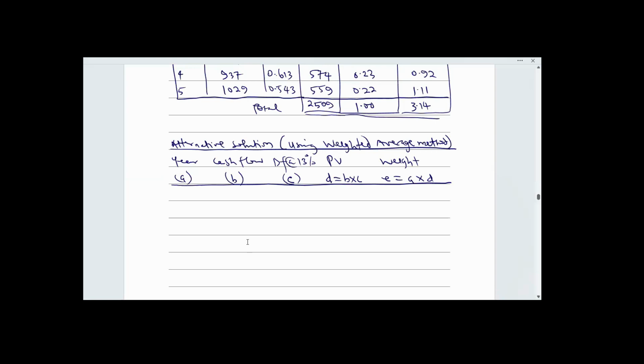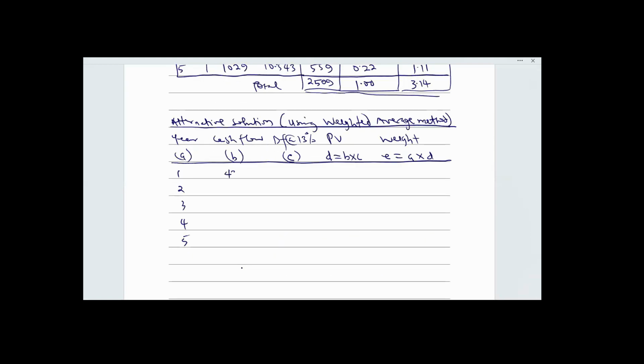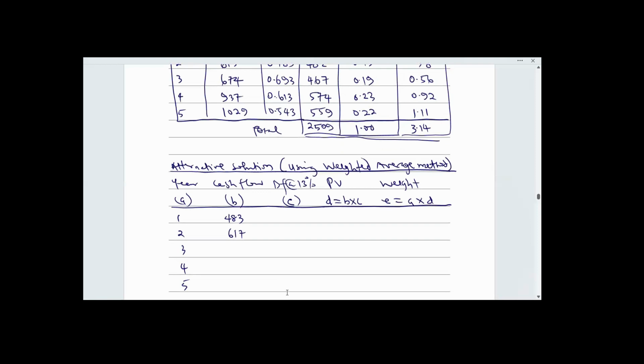So my cash flow here 1, 2, 3, 4, then here 5. The first year cash flow is 483, 615, 674, 937, 1029.